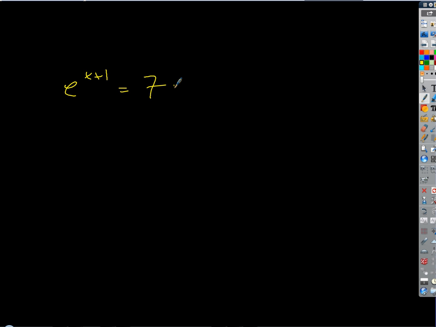We use inverse functions all the time in order of operations as a means of undoing other functions. You would know how to do something like 2y plus 1 equals x.